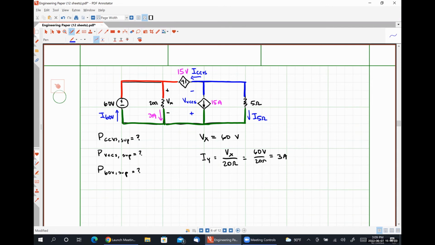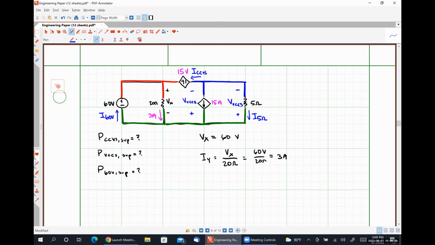Now, to determine the current flowing through that 5 ohm resistor would require us to know the voltage drop across that 5 ohm resistor, which would enable us to apply Ohm's law. Since the voltage controlled current source and the 5 ohm resistor are in parallel, I would argue that this voltage here is also VCCS.